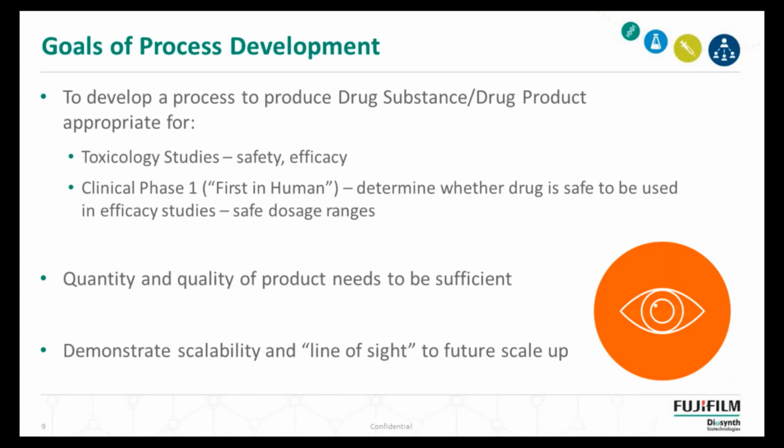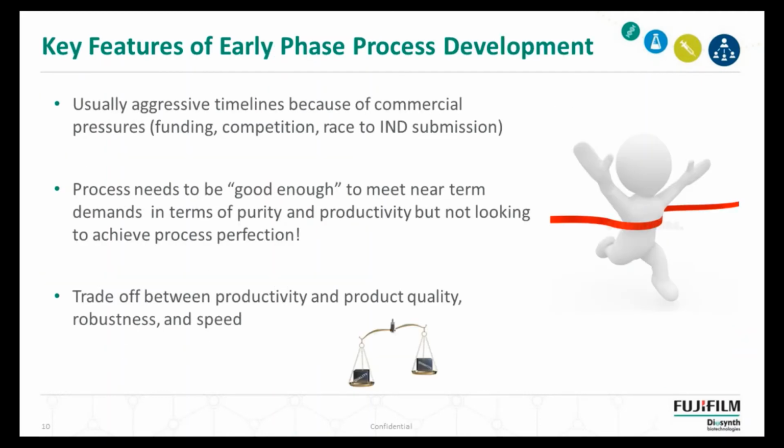And that will be a prelude to determining safe dosage ranges. So the quantity and quality of the product needs to be sufficient, and also the scalability and the line of sight. The demonstration of that at an early stage is very useful to support future scale-up activities.